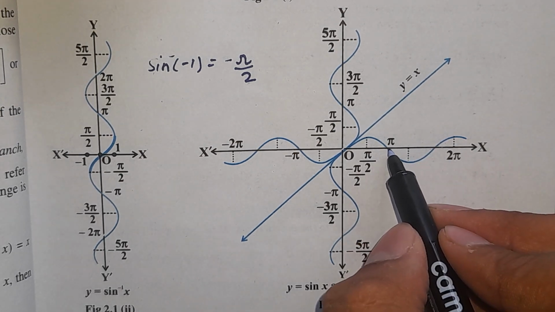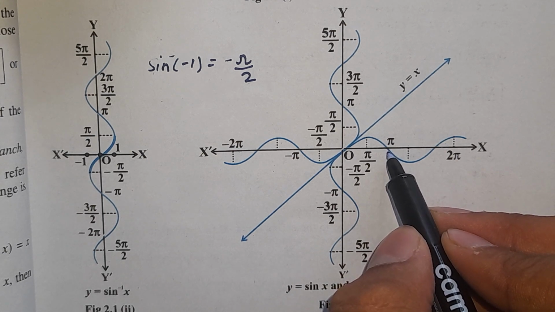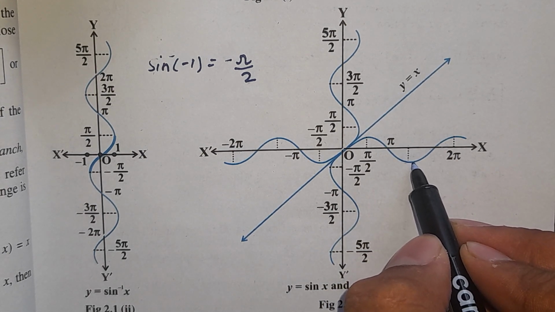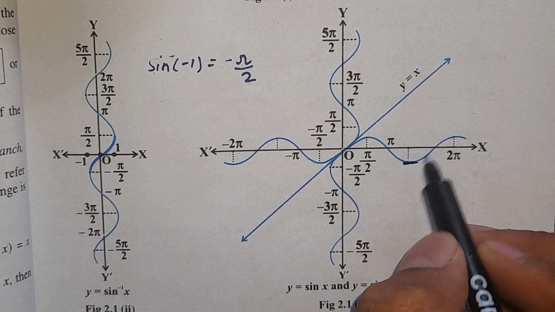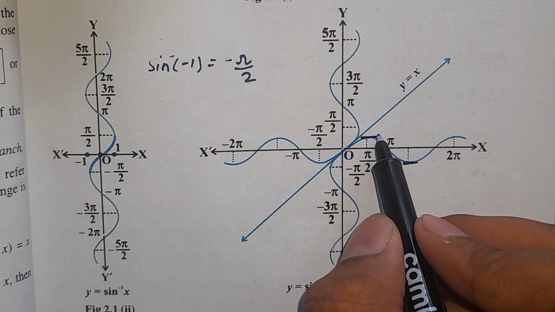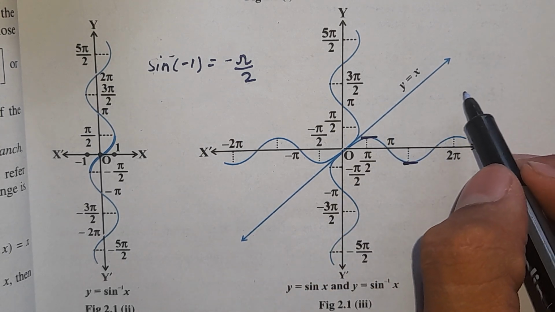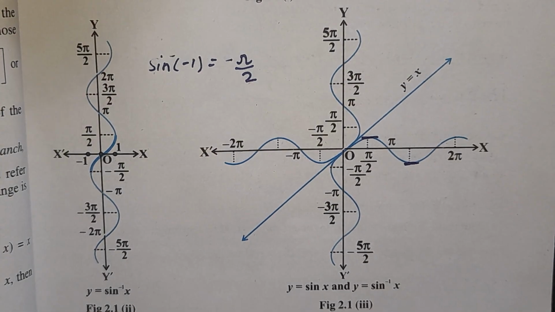So if it is lying on the axis, then it will be 0, and this is the maximum value, or the minimum value, the extreme value. This maximum value is 1. The sine value lies between 1 and -1. So we can say that the range of the sine function is between -1 and 1.